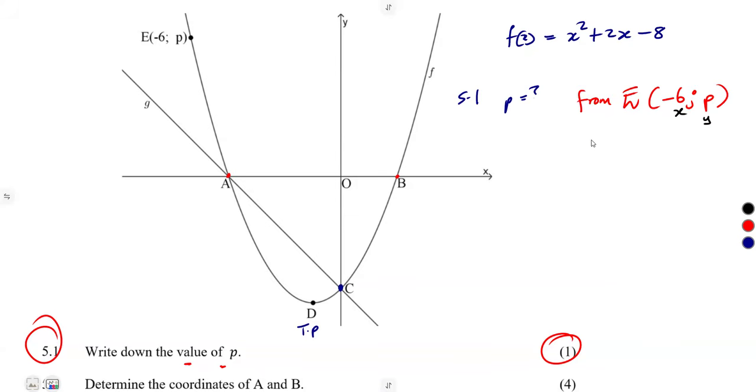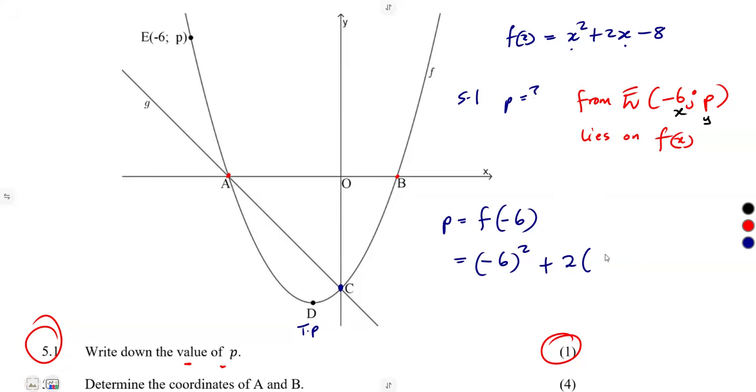This point E lies on f of x, so when x is negative 6, we find the value of p. That's simply f of negative 6. In place of x, substitute negative 6: negative 6 squared plus 2 times negative 6 minus 8.